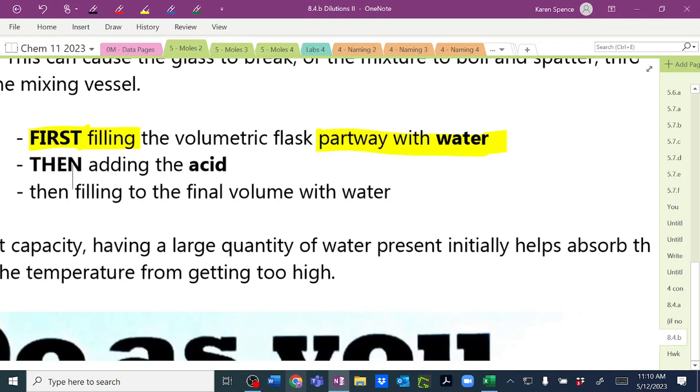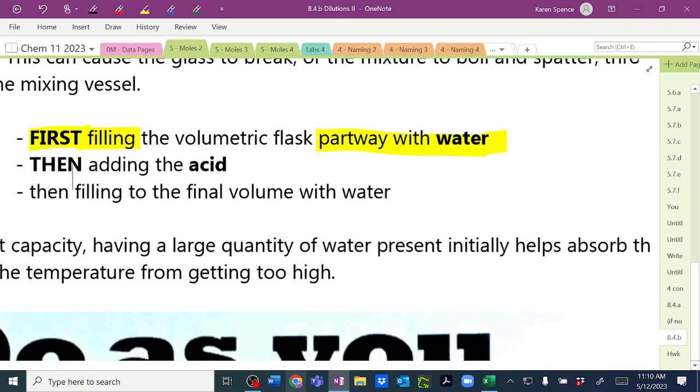It means if there's a big difference in temperature, the water will absorb a whole bunch of the heat, and so it keeps the temperature relatively stable. So that water that is already there has quite a large heat capacity, and so as the heat is generated by the reaction, the water just gets warmer, but because there's so much of it, it doesn't get warmer very fast. Does that make sense?